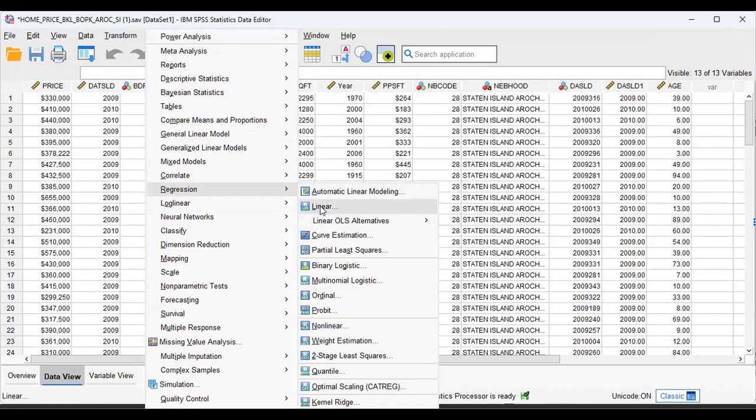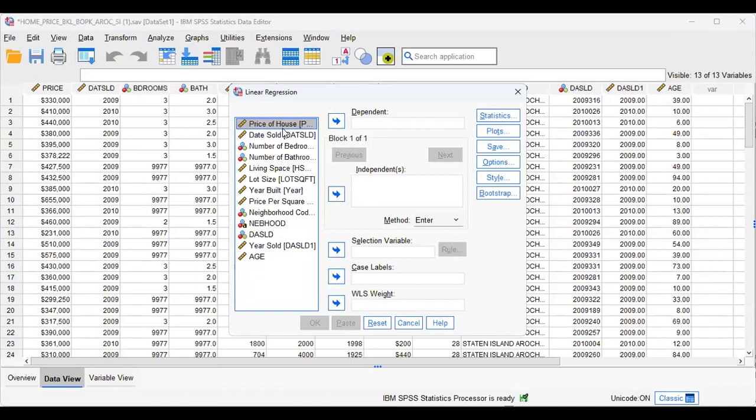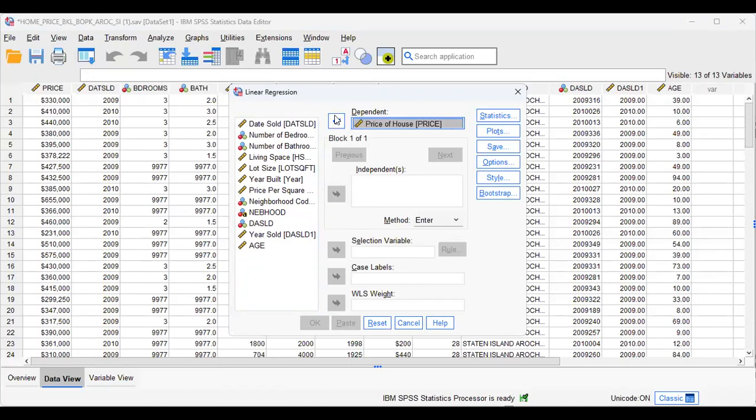I'm going to just use a simple linear model. The dependent variable is the price of the house.